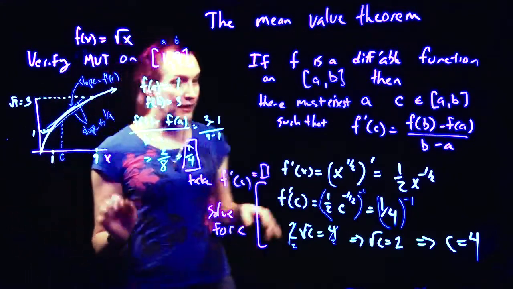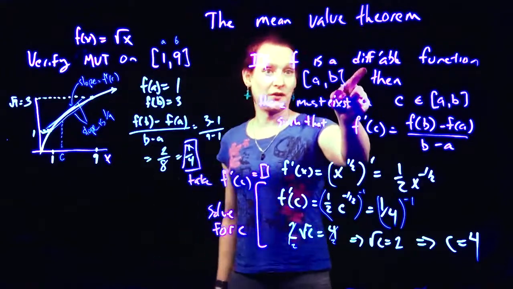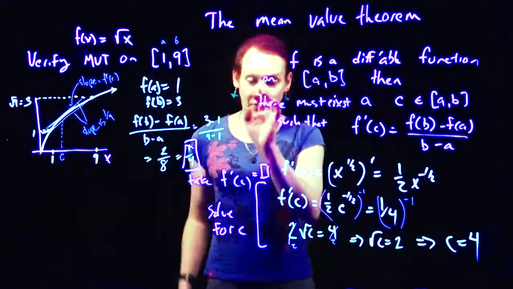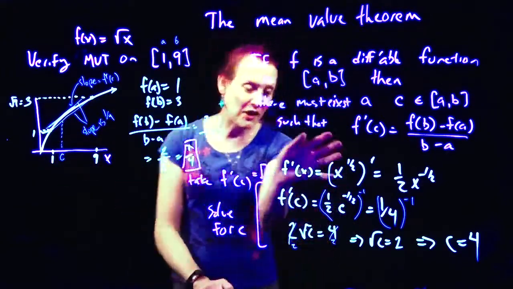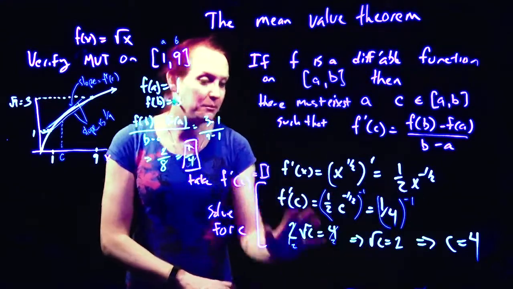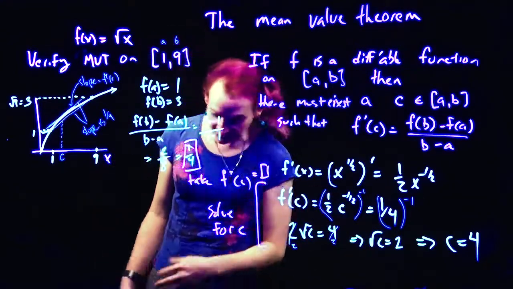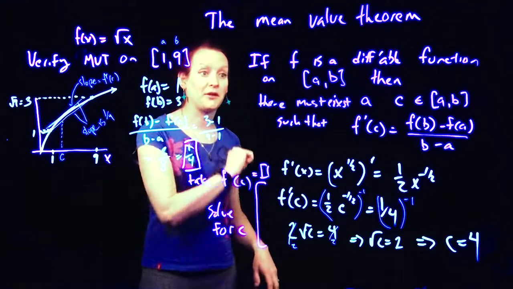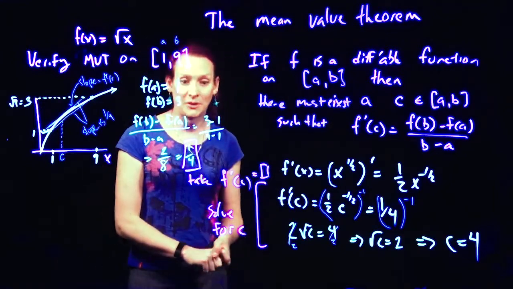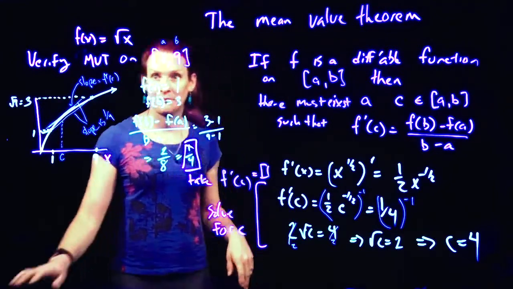The mean value theorem says that no matter what the function, as long as it's differentiable on this interval, this process is going to work. Now, the algebra might be a real pain. Taking the derivative itself might be a real challenge. But the mean value theorem guarantees that you will actually be able to do that.